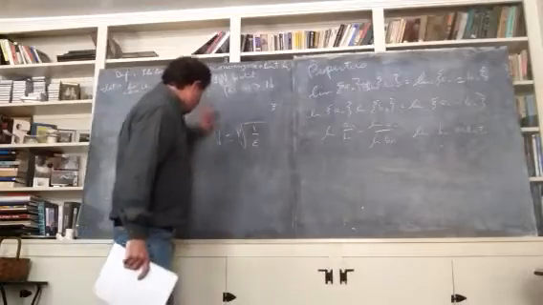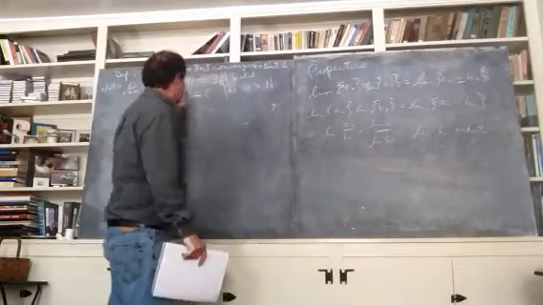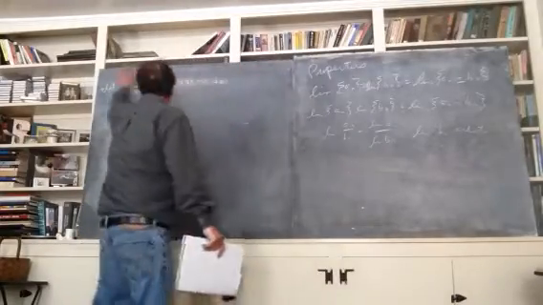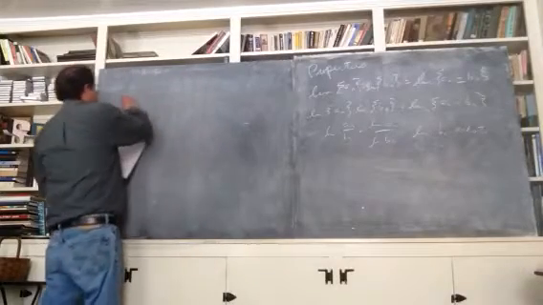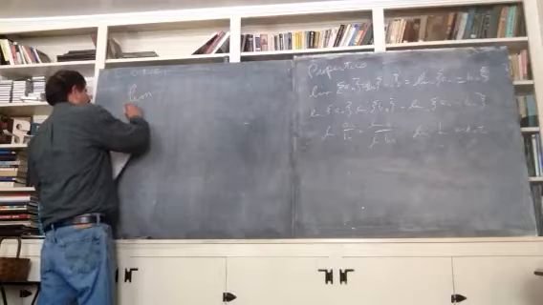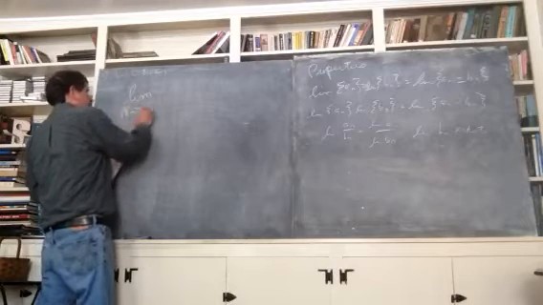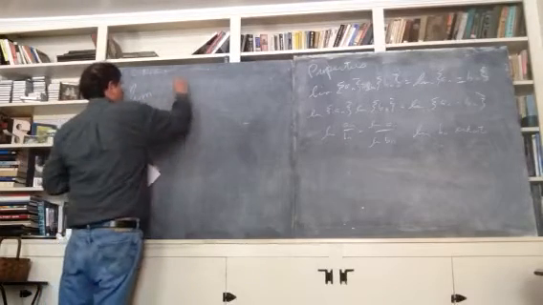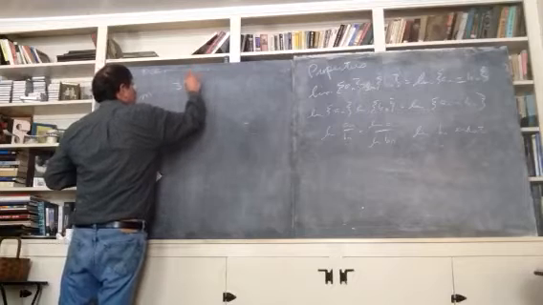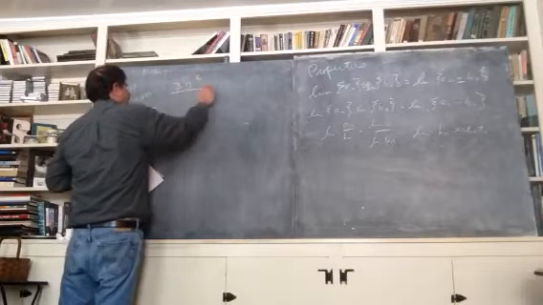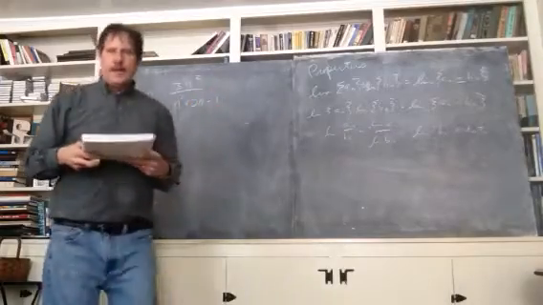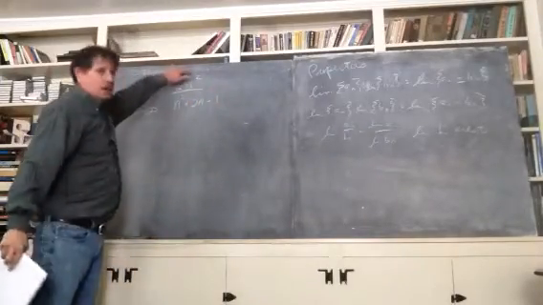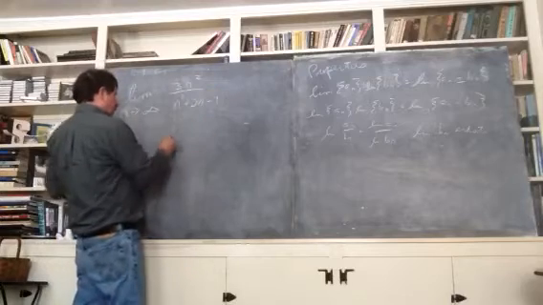I just want to point out one thing and give you a little example, and then we'll pack it up for today. Example: the limit as n goes to infinity of 3n squared over n squared plus 2n minus 1. You remember the trick where we divide everything by n squared?